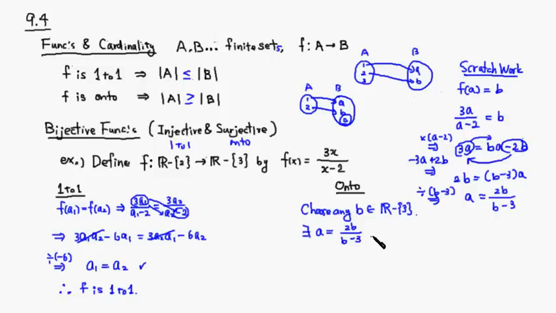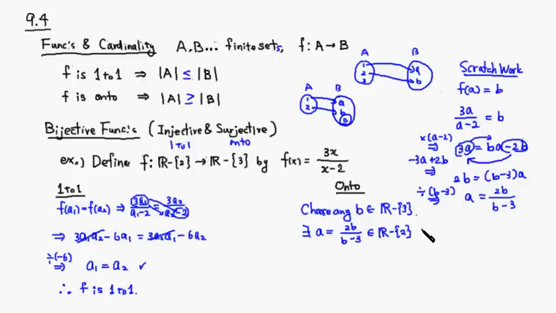The reason 3 is eliminated is that if b is 3, then this expression is undefined because the denominator is 0. Also, this expression never equals 2, so we know that it is always a real number except 2.